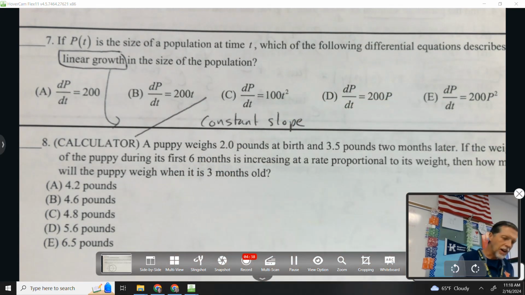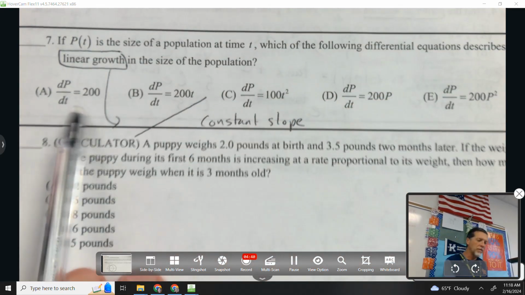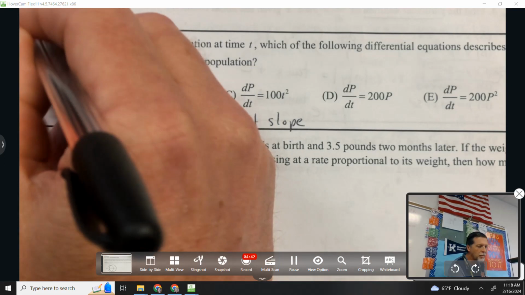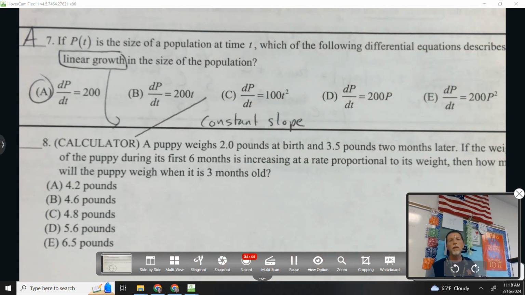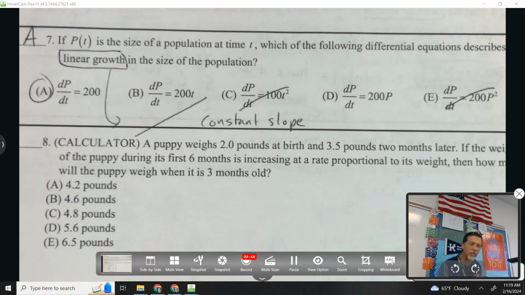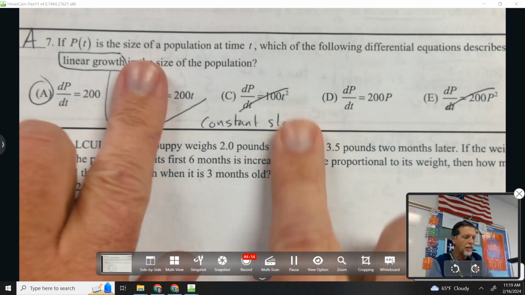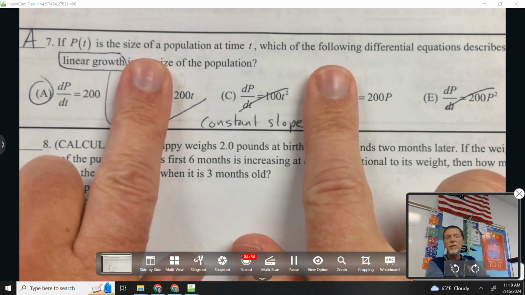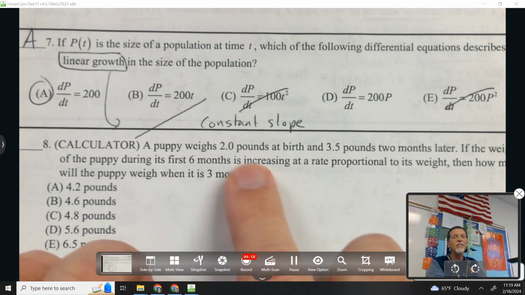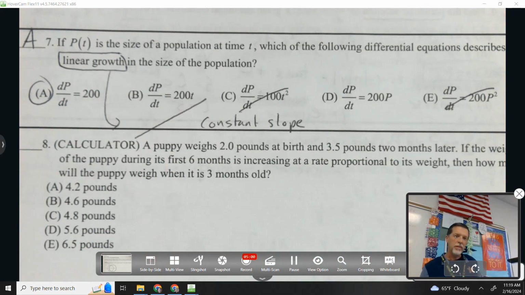Well, constant slope means my derivative is constant, so it's got to be a. But man, that one throws people off. They don't ever pick the squared stuff because they don't think that's linear. It's not linear. They're thinking linear is 200t or 200p, and in some sense, yes, that's linear, but that's a linear derivative, not a linear graph, or linear slope.